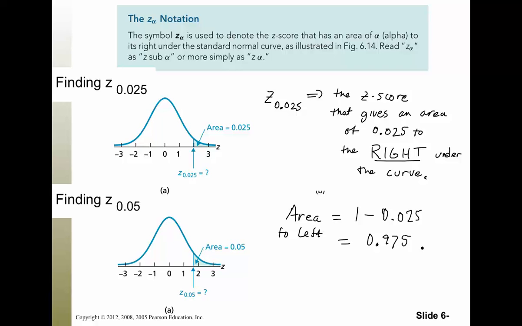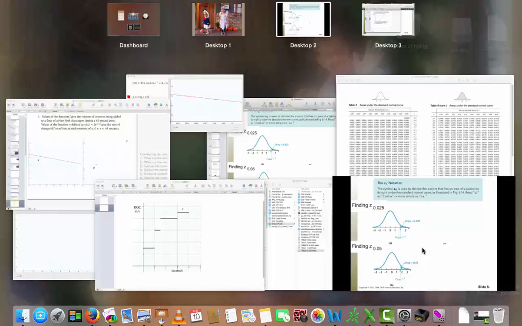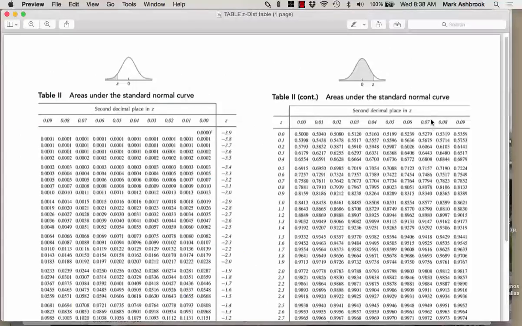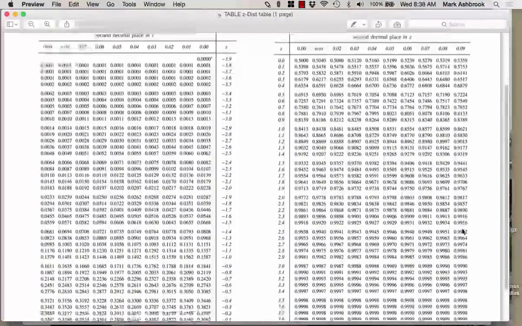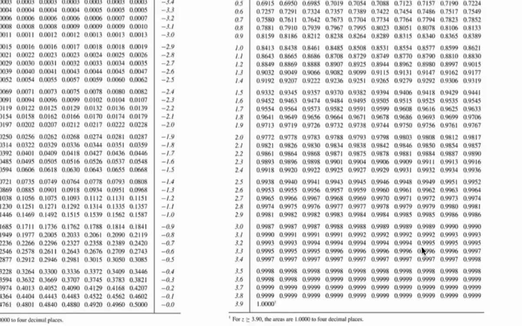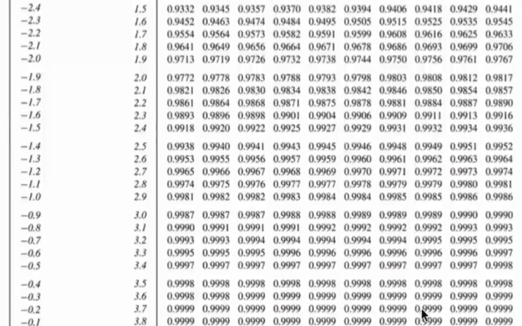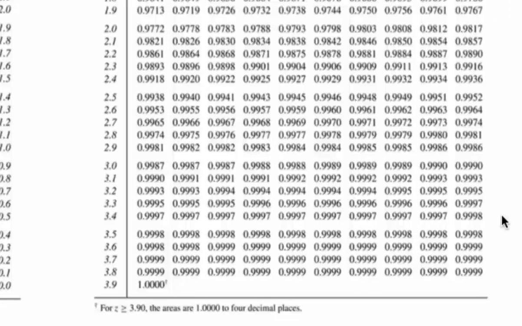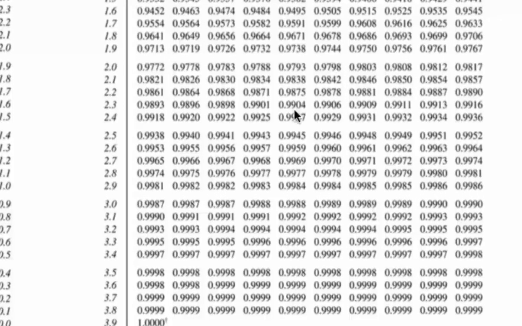So we go back to the table. You can find that number on the z-table. We're just working backwards now. Now we have the area, we have to figure out what the z-score is. Okay, here we go. Are we going to look at the left side of the table or the right? Right. And we're looking for 0.975.